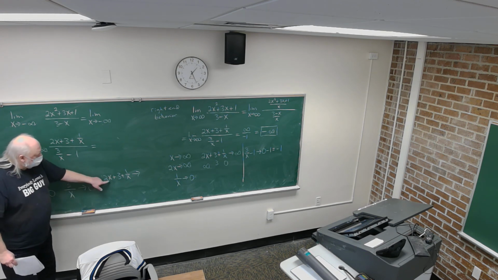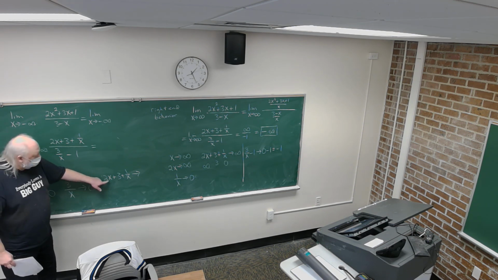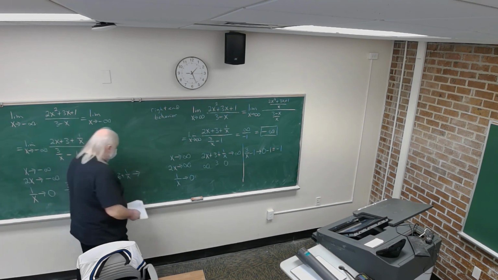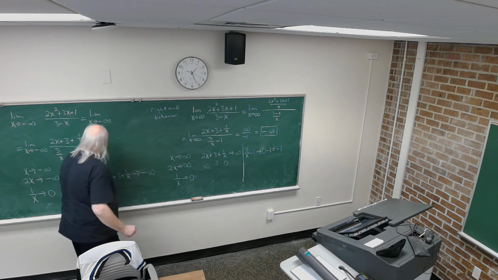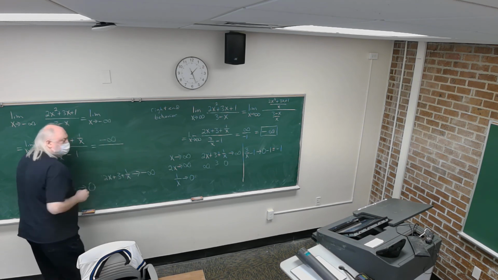But 2x is decreasing without bound, right? So minus infinity plus 3 is minus infinity. So the numerator here is decreasing without bound.